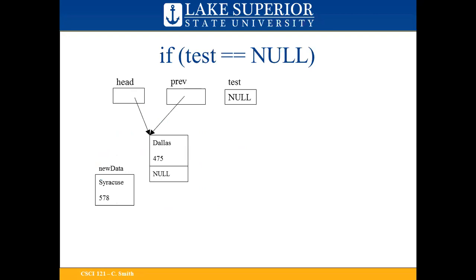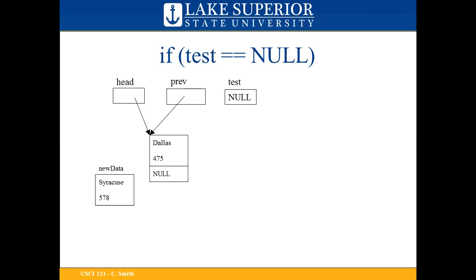Now this is kind of weird because there's only one node in the list, but I can tell you, if you don't get this after and before case correct, then you won't be able to insert a second node into the list, because the second node into any list is either going to be before the head or after the end.